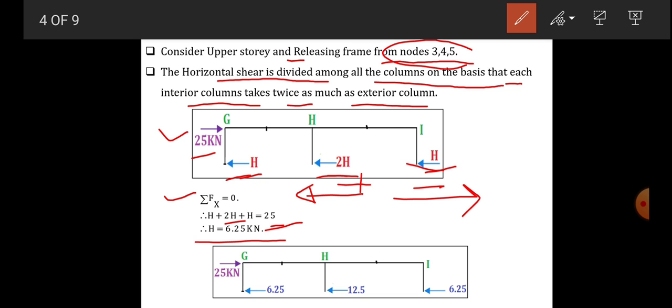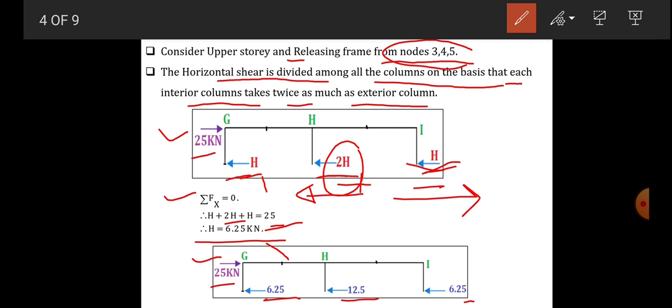By solving that, we have H equal to 6.25 kilonewton. Putting that H value here, we have 6.25, here it is 2H so it becomes twice, 12.5, and here is H so it becomes 6.25, and there is a point load of 25 kilonewton. So we have the shear forces acting at the mid of the column, or horizontal shear.